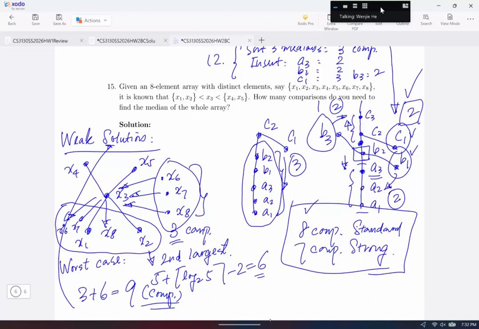Some students just give me a list of comparisons and no working details, no discussion on cases. Then I do not treat it as a valid solution. If that happens, then I move the weak solution to standard solution.